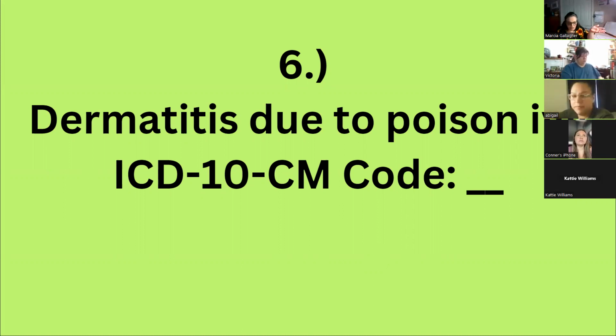So you're going to be looking for dermatitis, then plants, because it's not going to be under poison ivy. How do I know this? Well, because this morning I was ready to throw the book out the door before I realized, duh, poison ivy is a plant. It's not going to say poison ivy because I got spoiled with the other two that were so easy, right? So we're going to go to dermatitis, then plants.